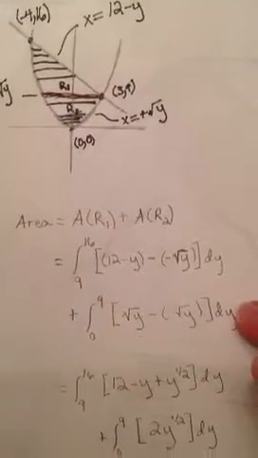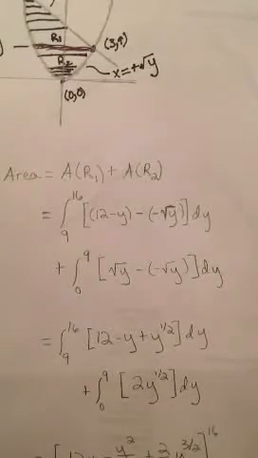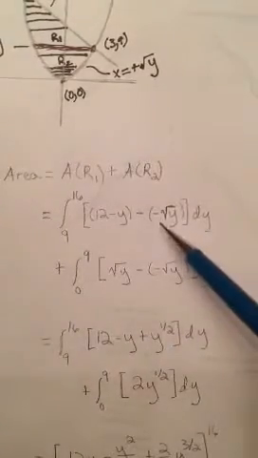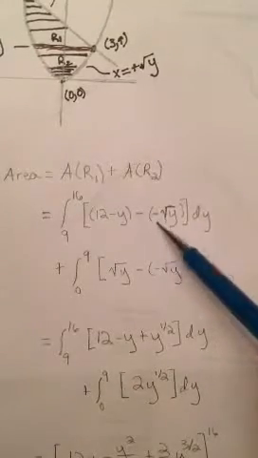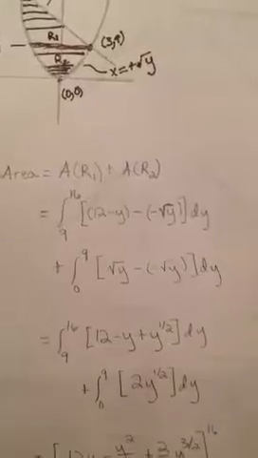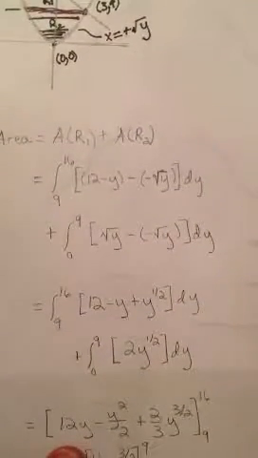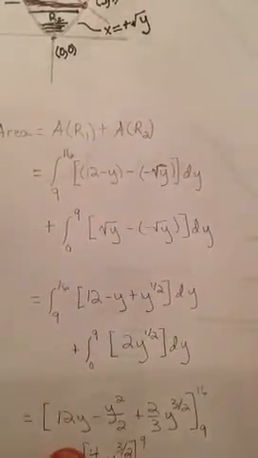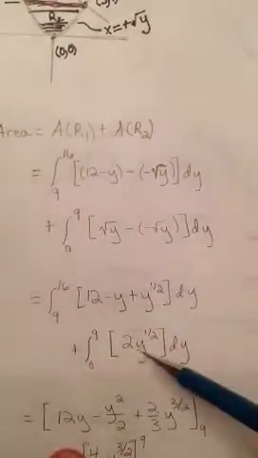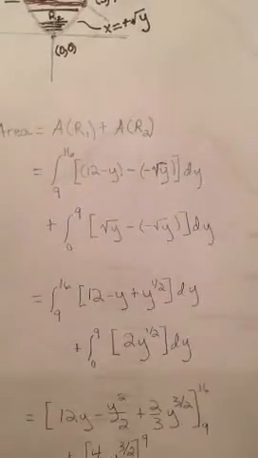As we follow through, combining, we have 12 minus y. There's no combination of like terms, but we do have subtracting negative square root of y, so we have plus y to the 1/2. The square root of y minus the negative of the square root of y goes to 2 times the square root of y, or 2 times y to the 1/2, as y goes from 0 to 9.